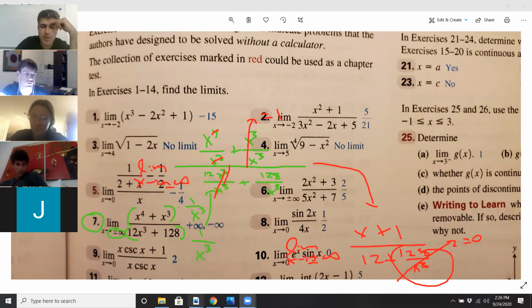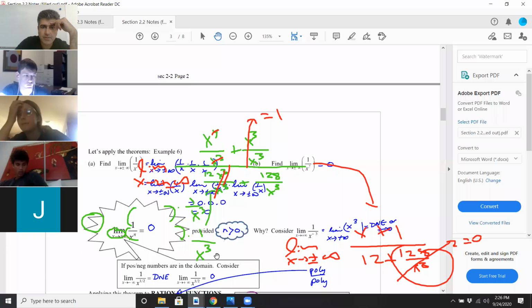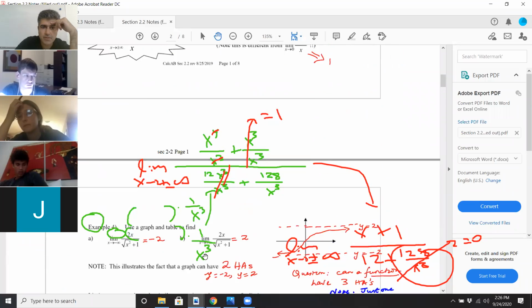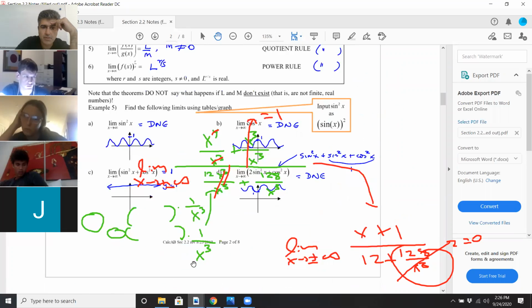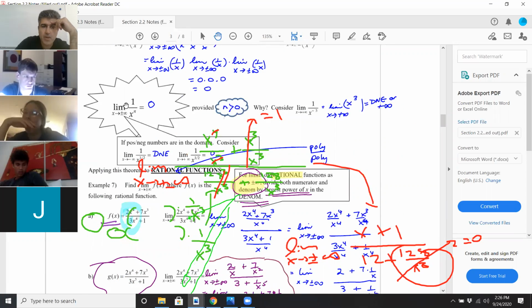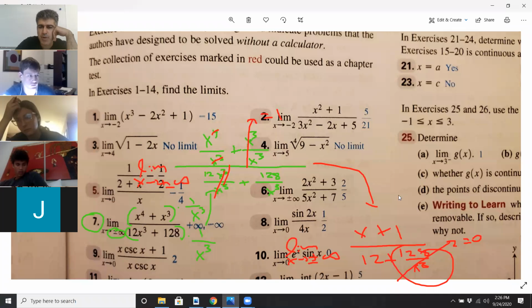If you go to your 2.2 notes, 1 over x to the n, as long as n is positive, goes towards 0 when the limit as x approaches positive or negative infinity is happening, right? And then you have the 128, whoop-de-doo. Still, this whole 1 over x to the n thing is going towards 0. So you multiply 128 by 0, that's 0. So we don't worry about that. So really it's just x plus 1 over 12.